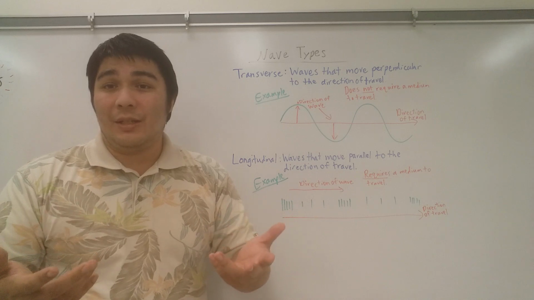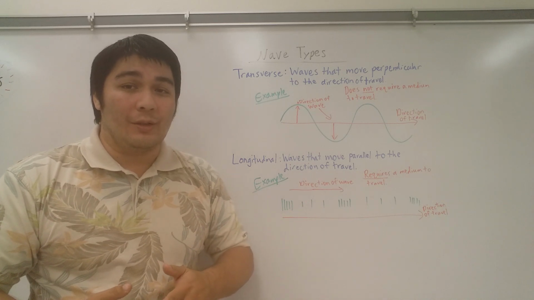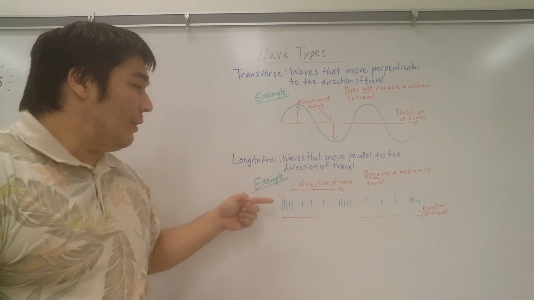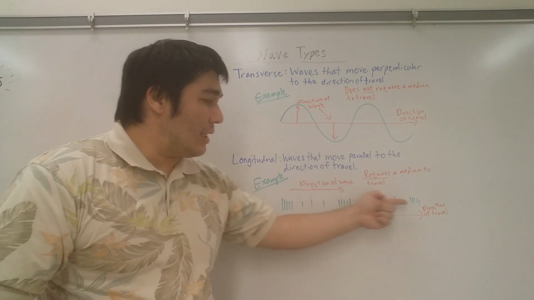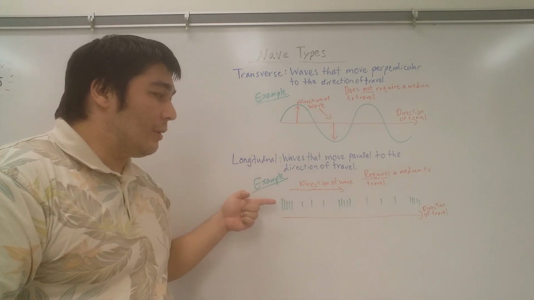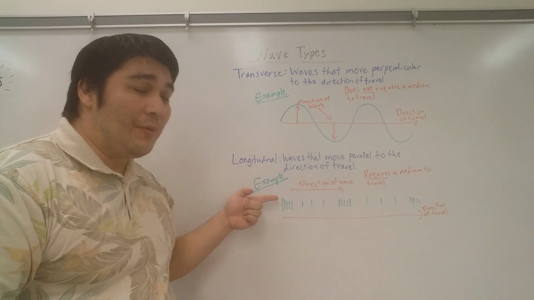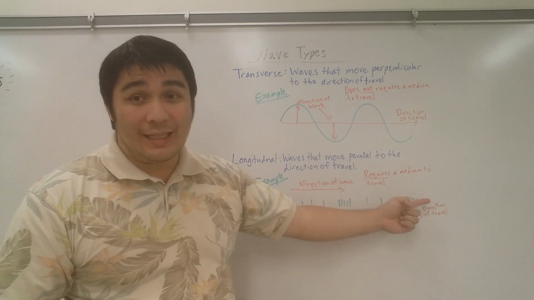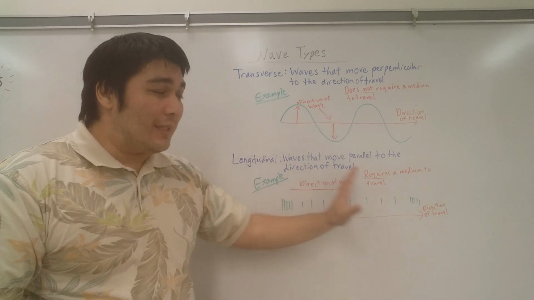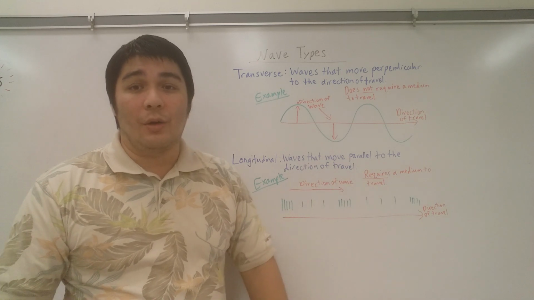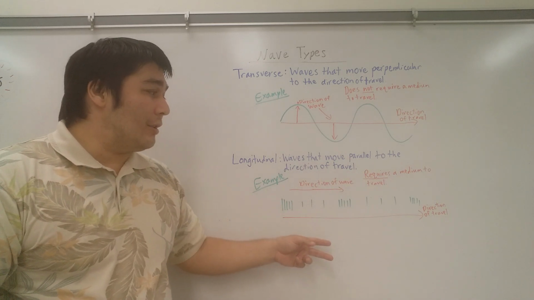That is essentially what a longitudinal wave would look like. But if you notice, this wave is traveling this way. The waving motion itself is actually traveling in the same direction as the wave packet is traveling. So that's why both of these are parallel to each other.